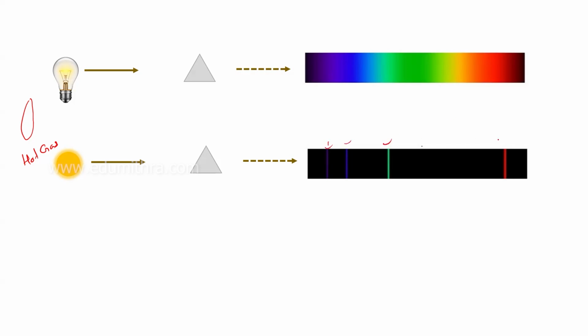You can see some certain colors, and what those colors are depends on what the gas was. For example, if I have taken hydrogen inside that, or helium inside that, helium will give you a certain pattern of colors. And if I take sodium inside that, sodium vapor, sodium is a metal, but I can take the vapor of sodium inside the tube, then the sodium vapor will give you another pattern.